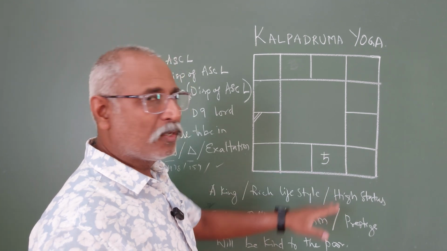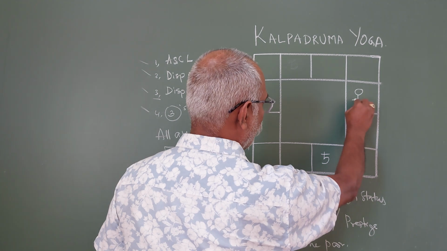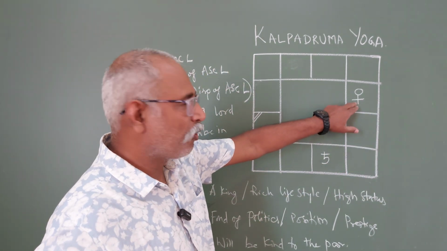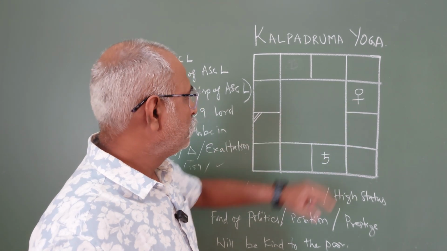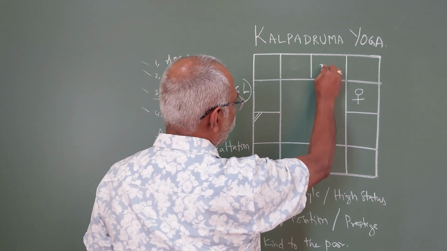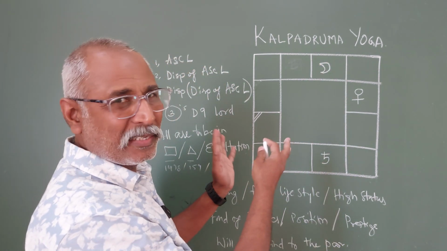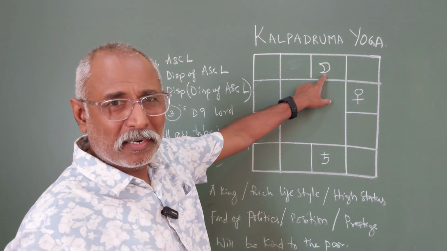So Venus is placed somewhere. Let me put Venus somewhere here. And the dispositor of Venus is Moon. So let me exalt Moon here. It's just a classical way of placing things. And it is exalted here.